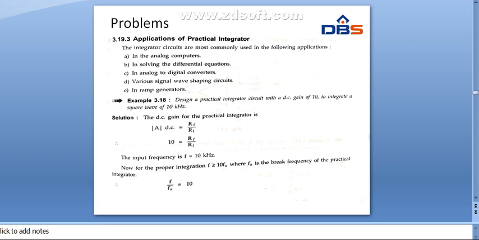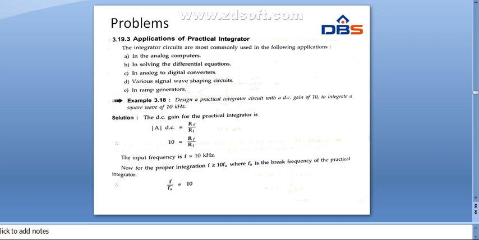So these are the applications of the integrator.